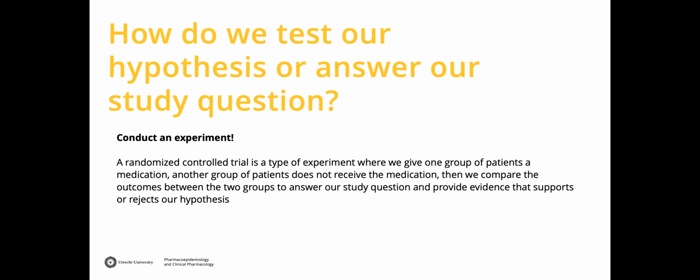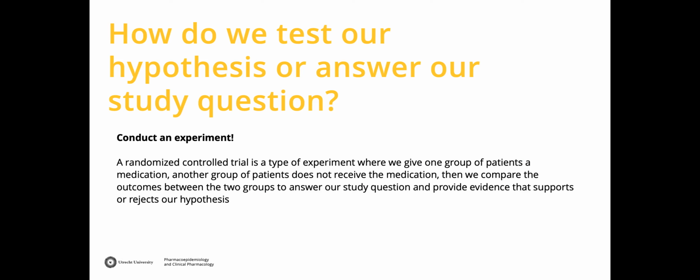So again, going back to our hypothesis and our study question, how do we test our hypothesis or answer our study question? Well, we have to conduct an experiment. And I'm sure you've heard a little bit about experiments in a previous lecture, and just the general outline and conduct of an experiment.